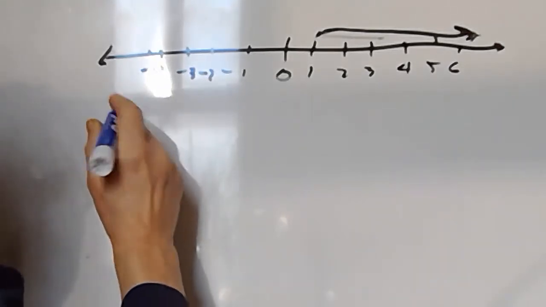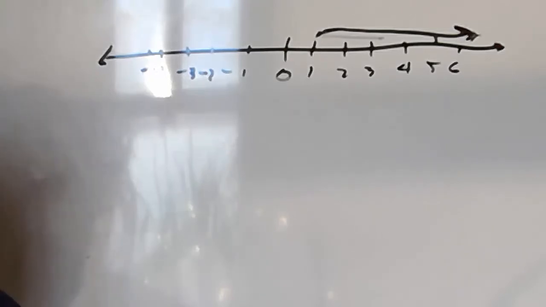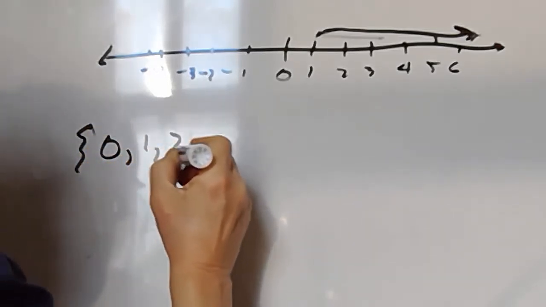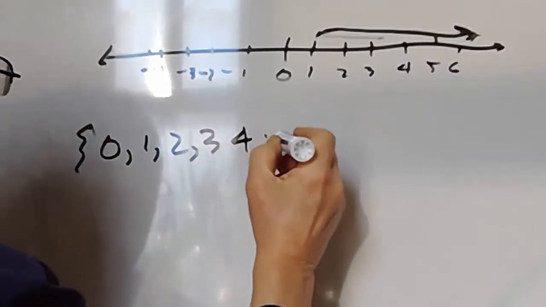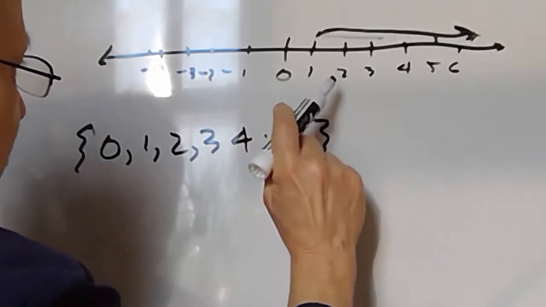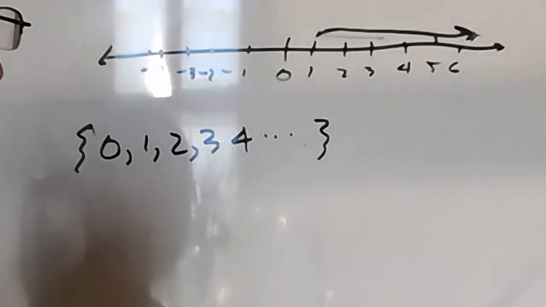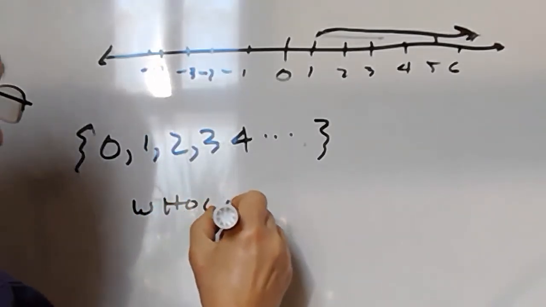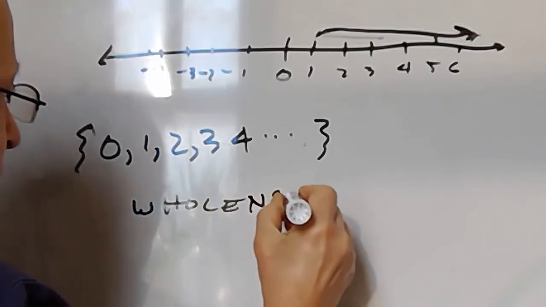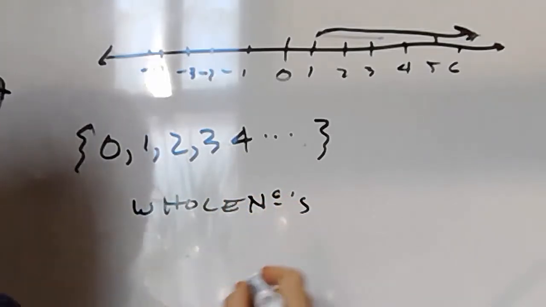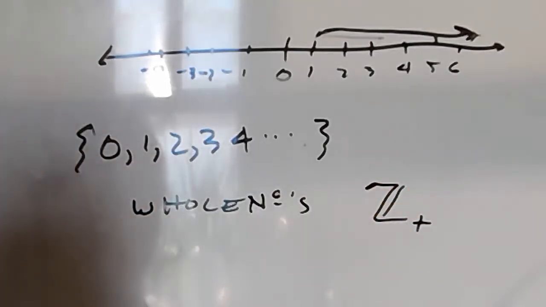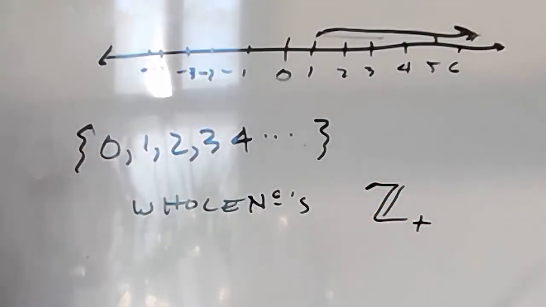So if we put 0, 1, 2, 3, 4, ... and the 3 dots means it goes on and on forever, we will get the whole numbers. And this is indicated by the symbol Z with a little plus.